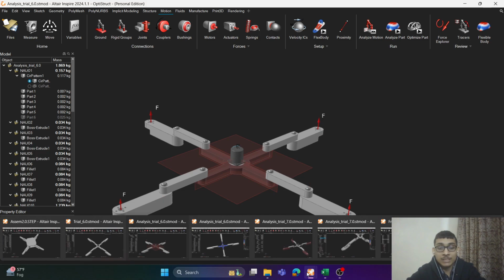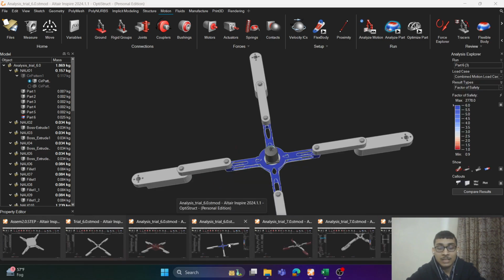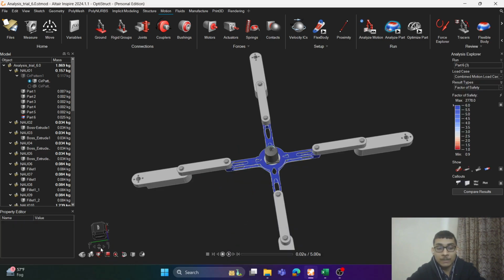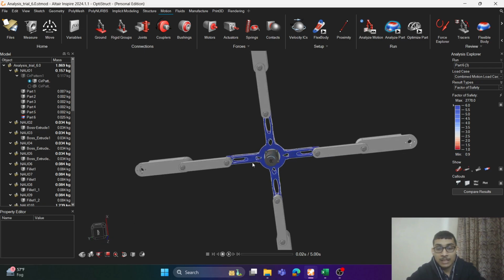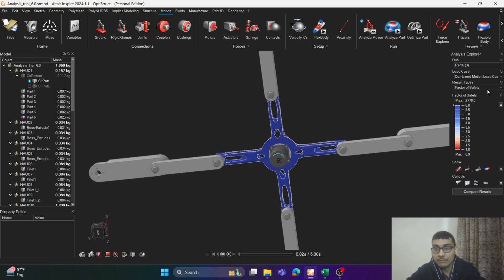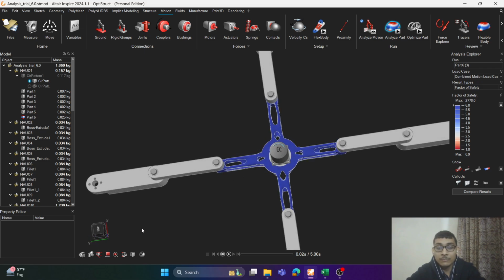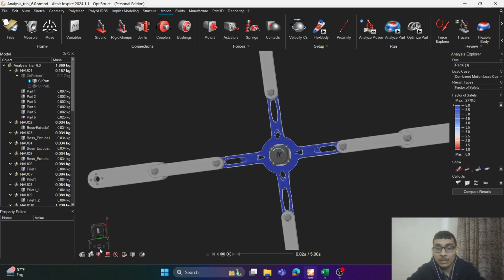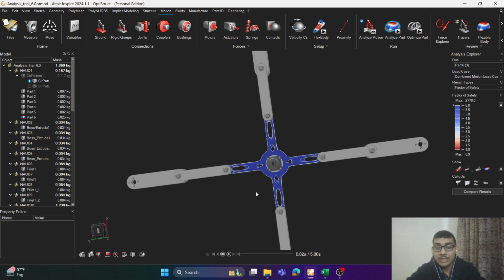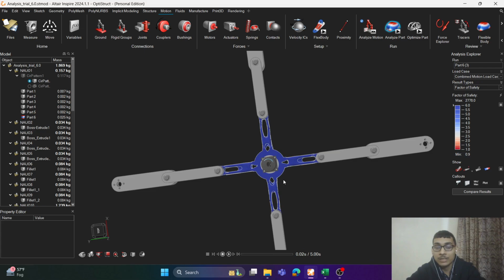After doing its maximum stiffness optimization, I am getting this type of structure as you can see here, and the factor of safety is 6, which is usually on the higher side, but for a drone I think it's actually good, because usually in flight we can have additional loads in the form of aerodynamics and drags, and also this drone has so many moving parts.